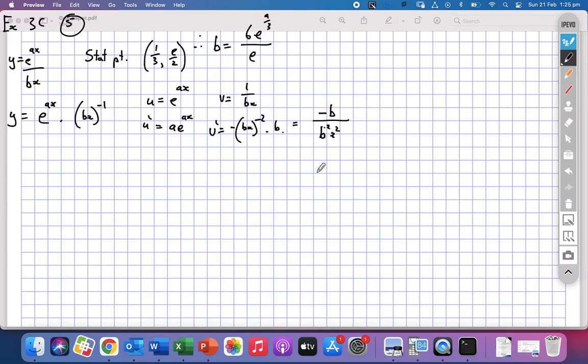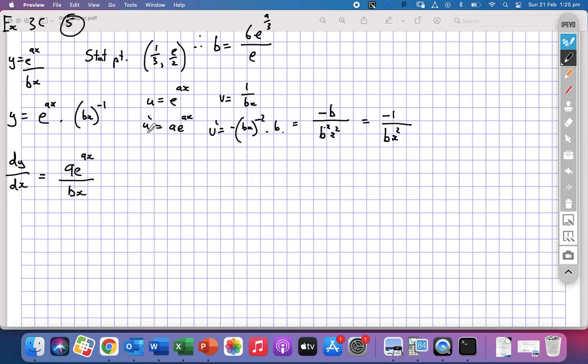I guess you could cancel here, couldn't you? That might be a nice little move. Equals minus 1 on b x squared. All right, so the derivative, coming from u'v plus uv' because I'm using product rule. So where's my first u'v? Those two put together, so we'd have a e to the ax on bx.